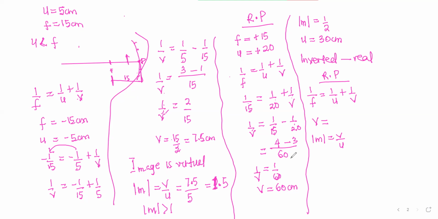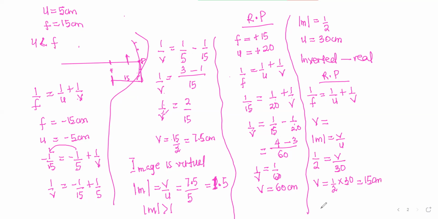Okay. Continue doing this. So since we have the lateral magnification half, and we have U, which is 30, it means V would be equal to half times 30. And this is 15 centimeters.